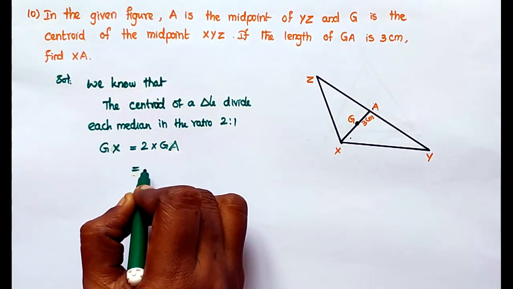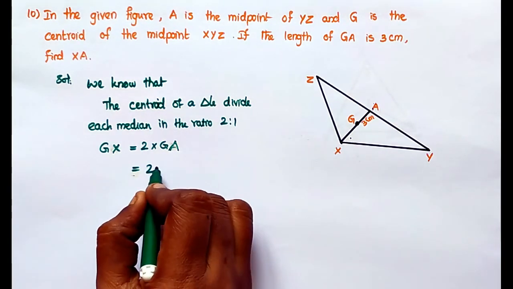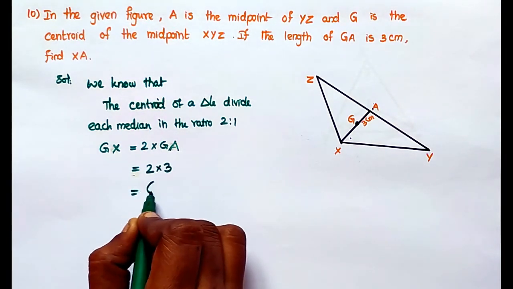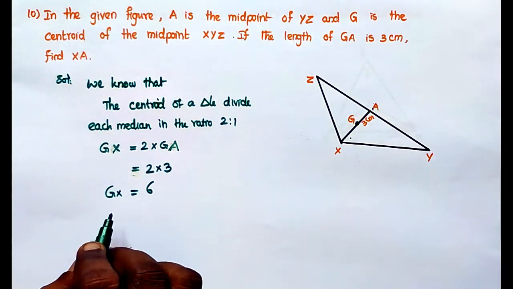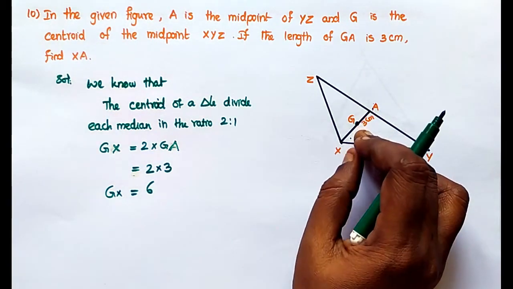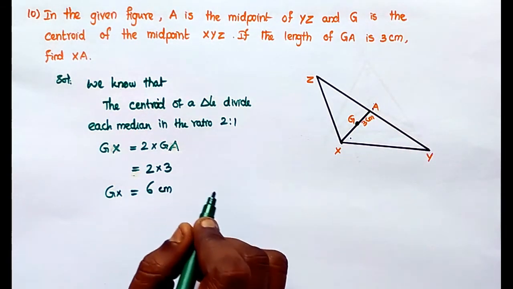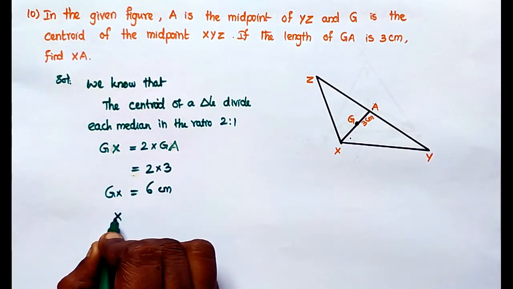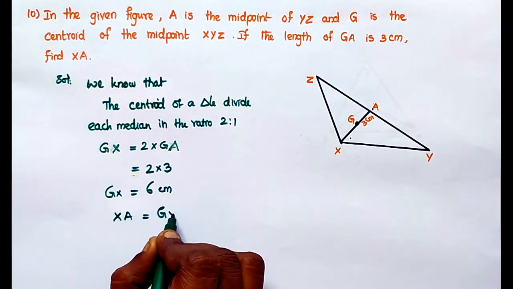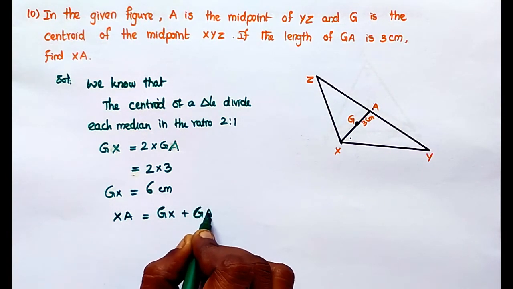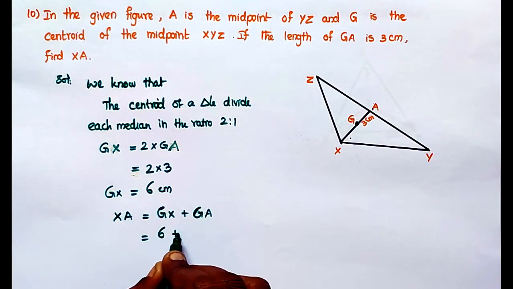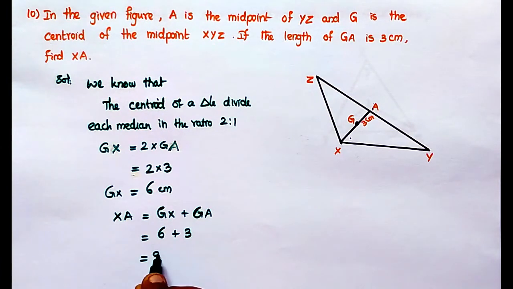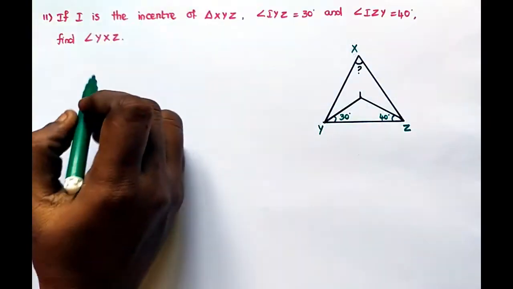So 2 into 3 is 6. That is GX, 6 centimeter. Now XA equal to GX plus GA. That is equal to 6 plus 3, 9 centimeter. That is XA. That is the answer. 11th sum.